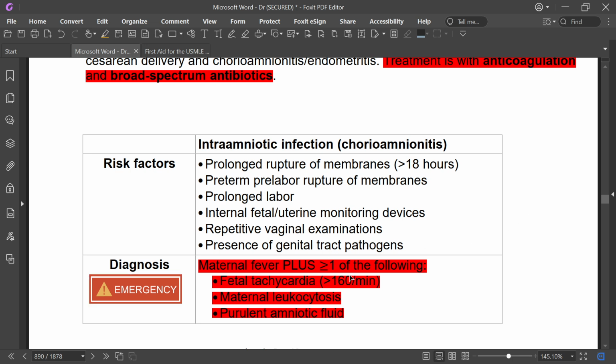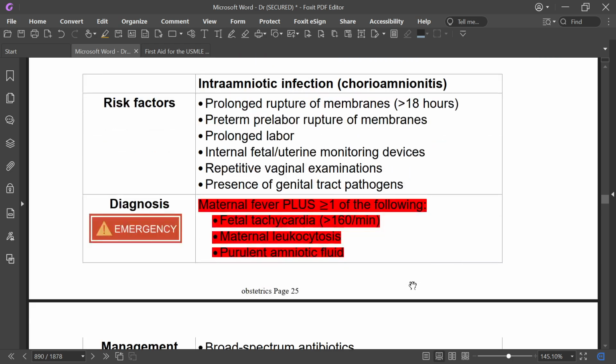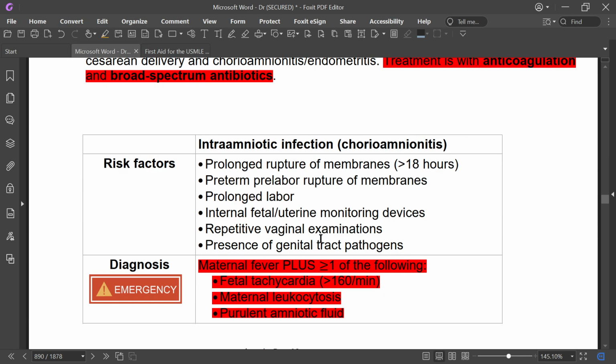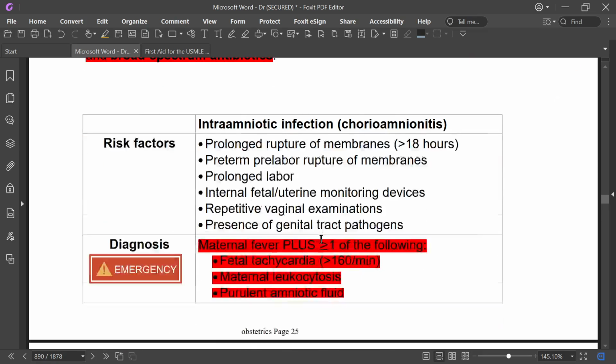Lots of questions come from just this topic. What is chorioamnionitis?